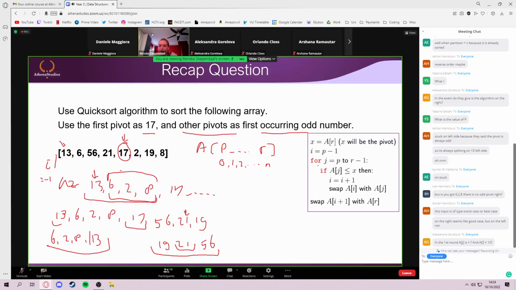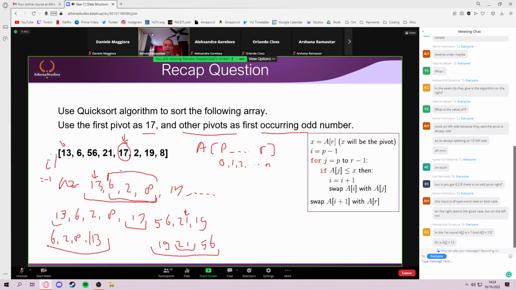Okay, so question: in the first round, a of j is equal to question mark, and a of i is equal to 13. Yeah, so you start with i being the part before 13, and j starts at 13. j basically just goes through the entire array up till here.